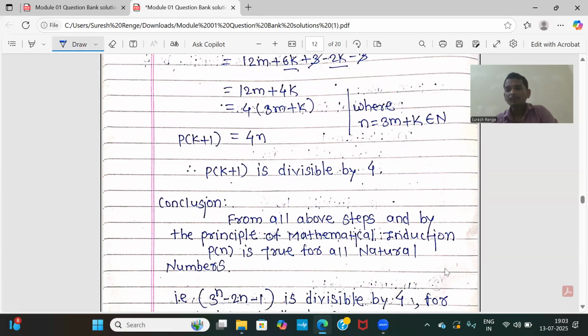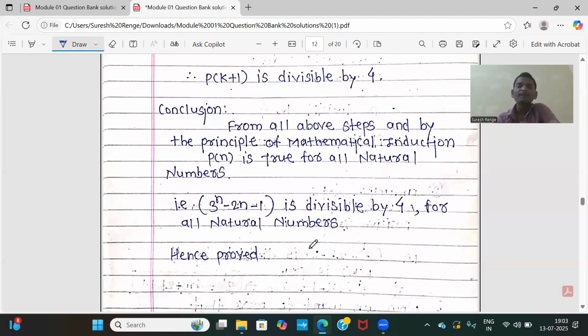What is our conclusion? 3 raised to power n minus 2n minus 1 is divisible by 4 for all natural numbers. Hence, it is proved.